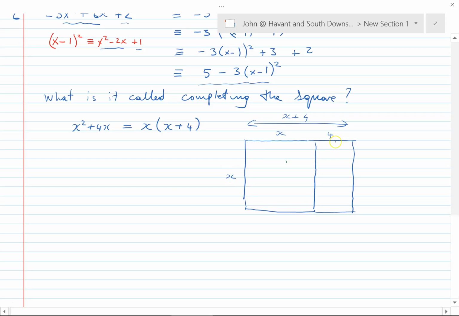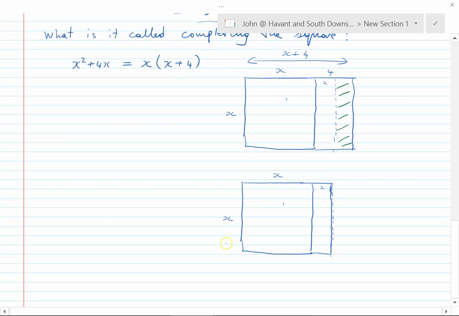Suppose I were to cut this part in half. Okay, so I cut a little strip out of this, exactly halfway around, so that it's 2 there. I'd then be left with a rectangle like this, which is x plus 2.